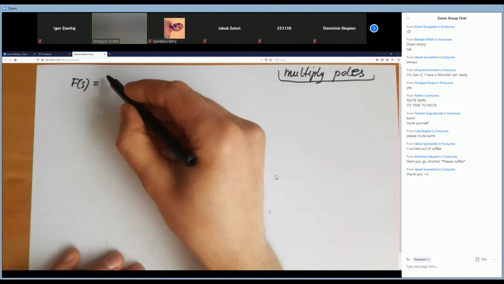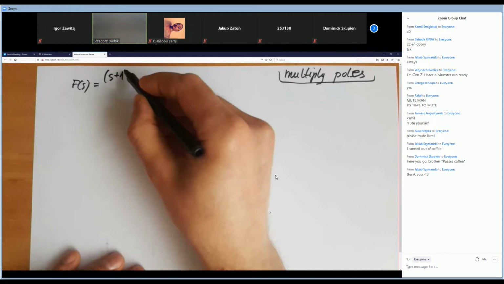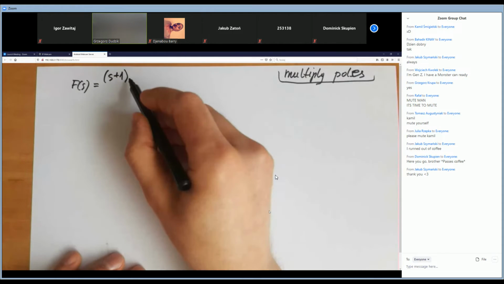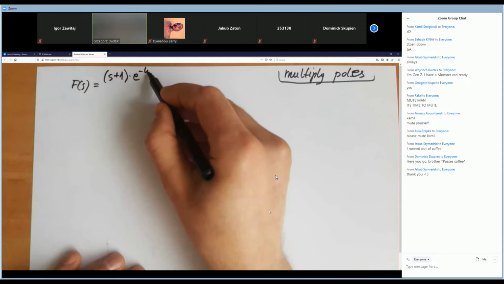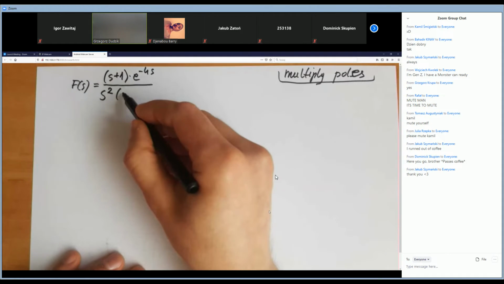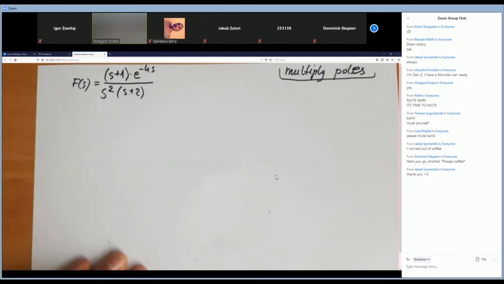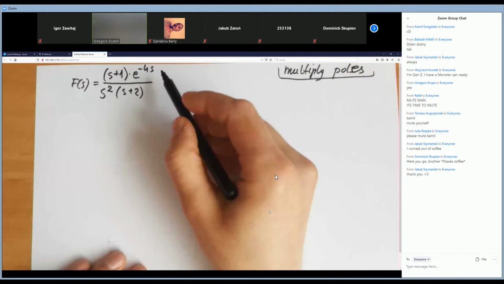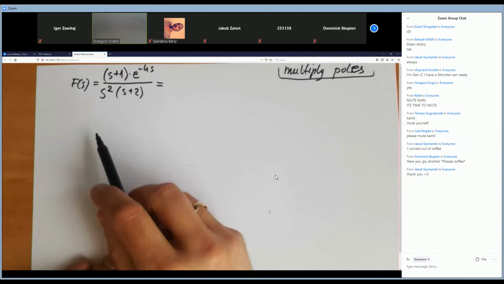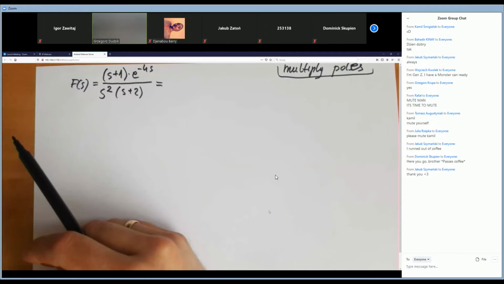We've got the F(s) function, which is given by that formula: (s plus 1) times e to the power of minus 4s, over s squared times (s plus 2). Why do we have multiple poles here? Because we've got the s squared here.